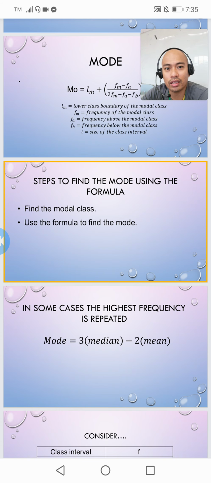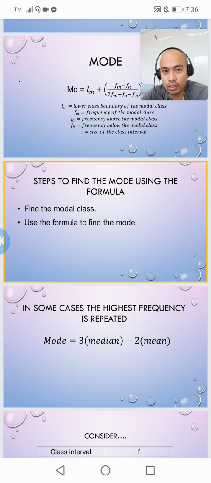So we cannot have a modal class. So what does it mean? That's why itong formula na ito is only applicable for a unimodal. So ang basis natin sa unimodal are the frequencies. Okay? So kung sino yung pinaka-highest frequency among these frequencies, yung corresponding interval niya will serve as the modal class.